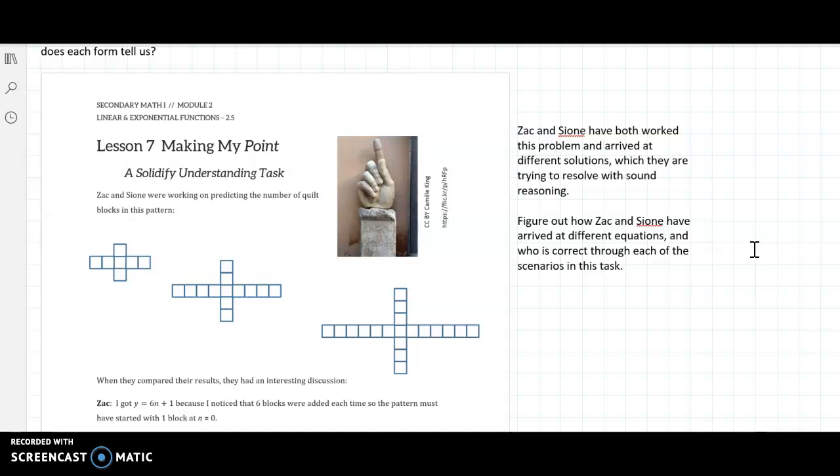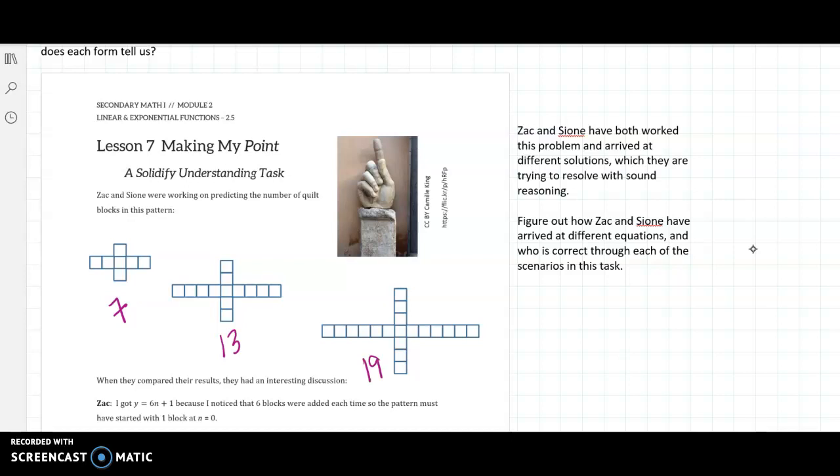Here's the pattern they're working on. They're looking at these quilt blocks. This pattern has 7 in the first, 1, 2, 3, 4, 5, 6, 7, 8, 9, 10, 11, 12, 13 in the second, and 19 in the third pattern.